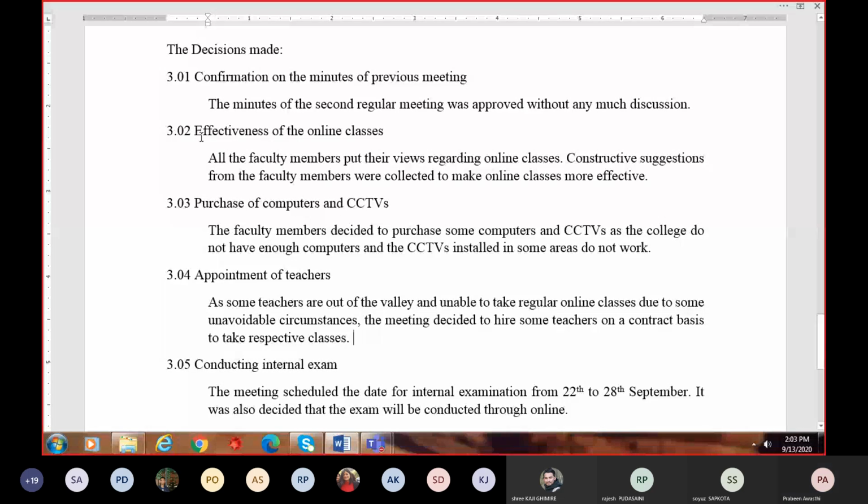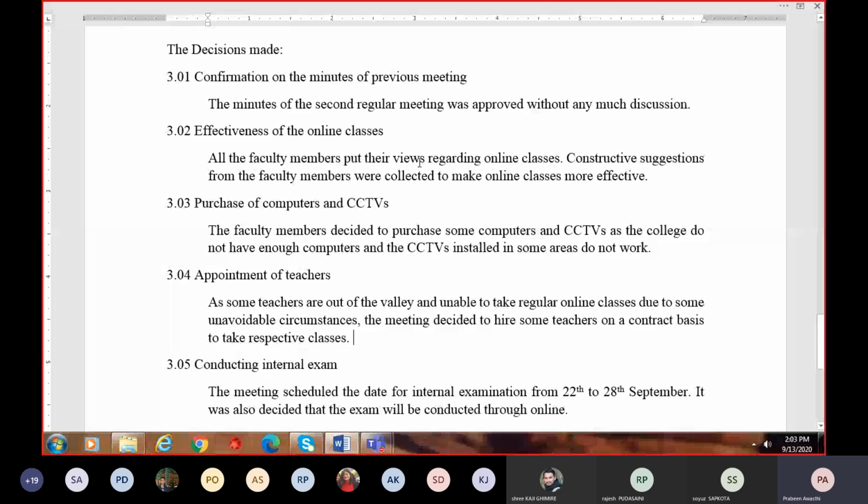3.2, effectiveness of the online classes. Online classes only was there in notice. You can write effectiveness of the online classes. All the faculty members put their views regarding online classes.